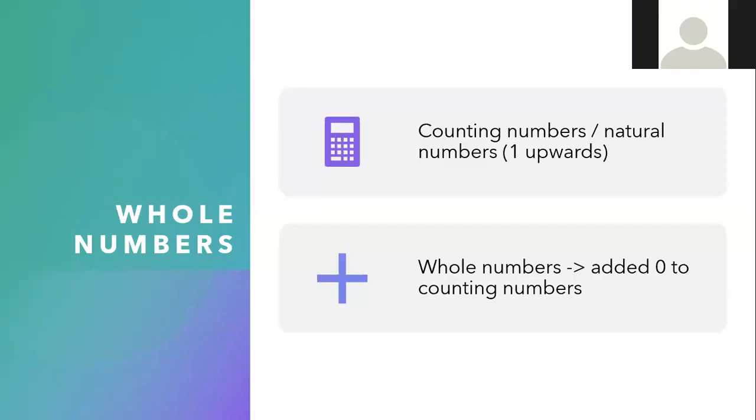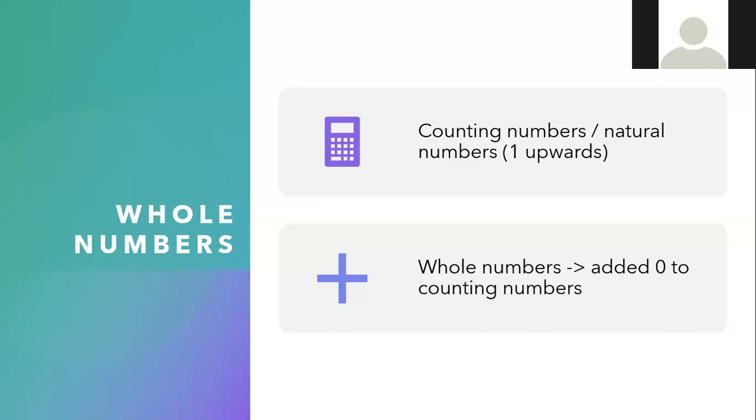So proof. We're going to go through a couple of definitions now, and terminology. Whole numbers: when we're dealing with proof, counting numbers are 1, 2, 3, 4, 5, 6, 7 onwards, otherwise sometimes called natural numbers, so number 1 upwards.